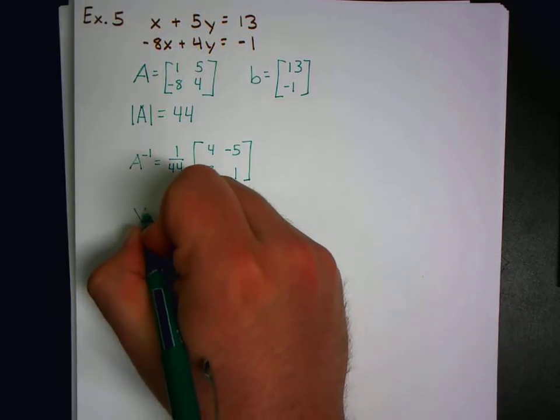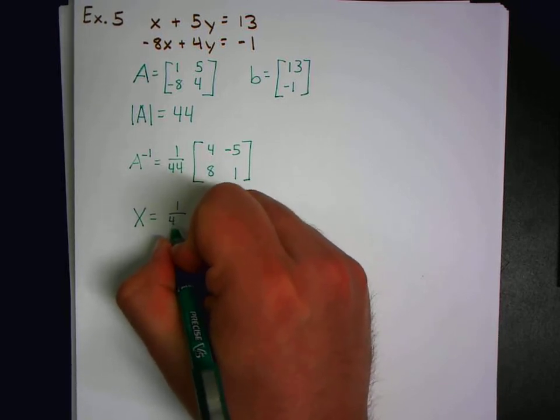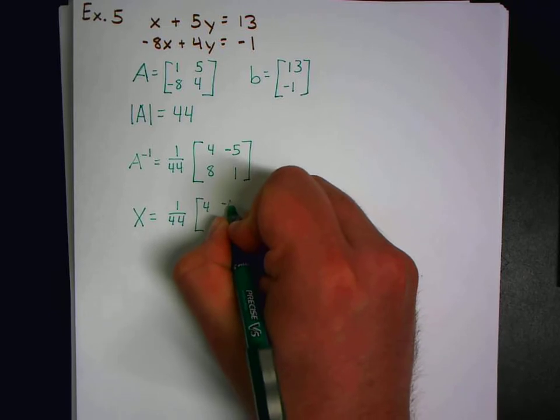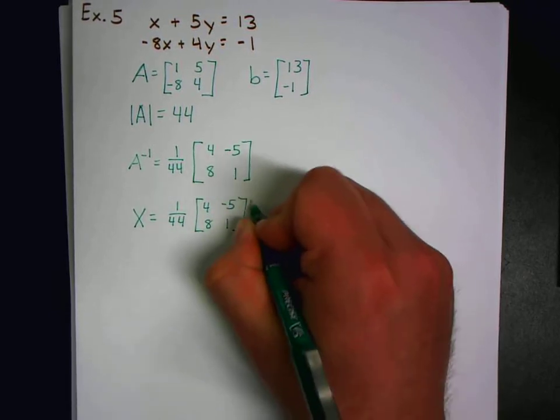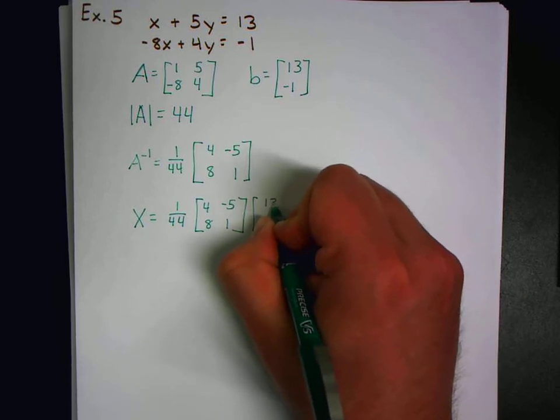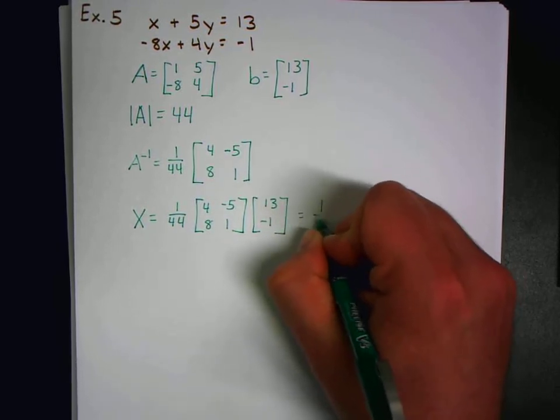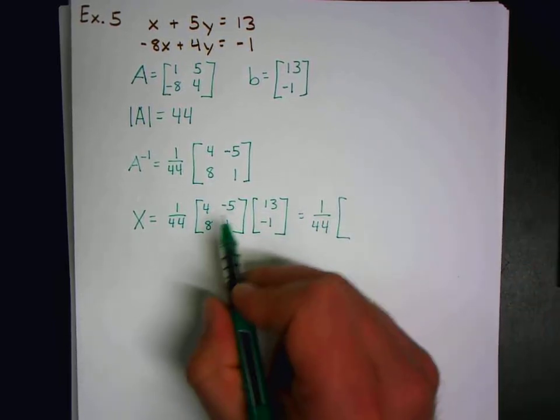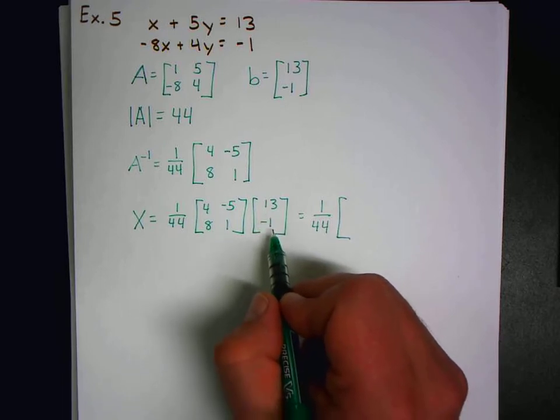So then my answer is I take that times B. So 4 times 13 is 52 plus 5.